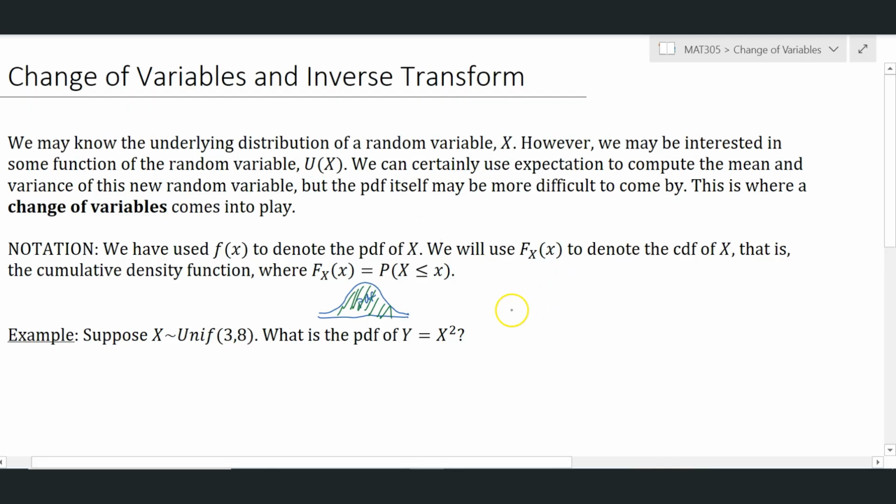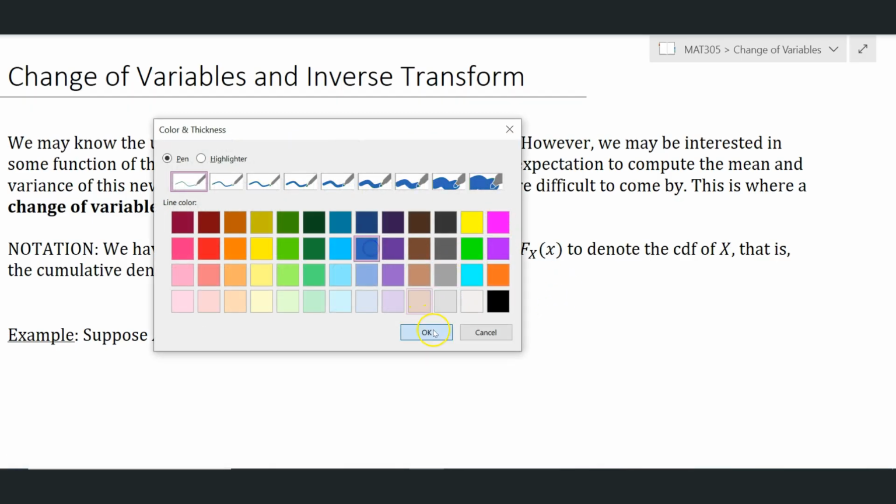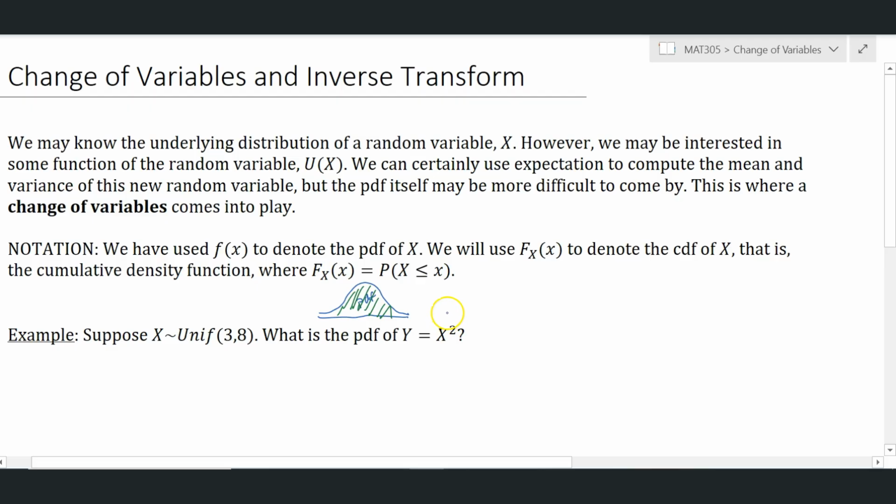Well, instead of using the PDF, if somehow we could come up with a function that accumulates all of that area, and may look something like this, where eventually it gets up to 1. In that case, if this were x equals 3, then here we could just plug in x equals 3, and it would tell us exactly what that total probability is. So the output would be the probability of x being less than or equal to 3 in our little mini example here. So that's what the CDF does.